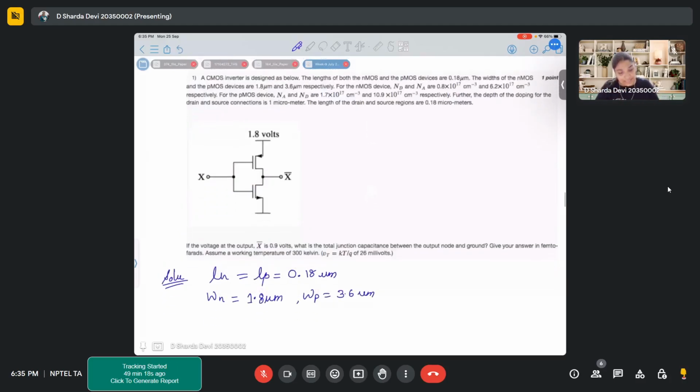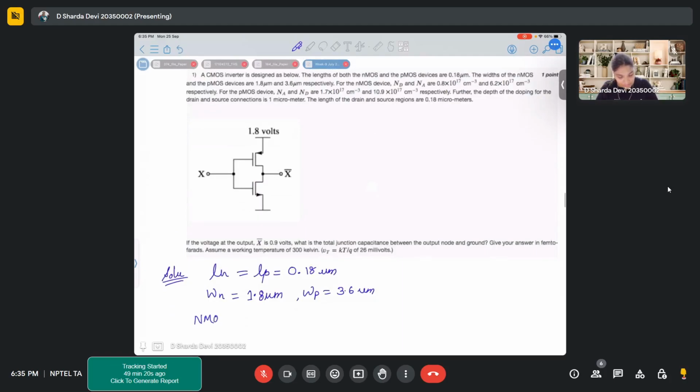Now, it is given for NMOS, ND is 0.8 into 10 to the power 17 per centimeter cube, NA is 6.2 into 10 to the power 17 per centimeter cube.